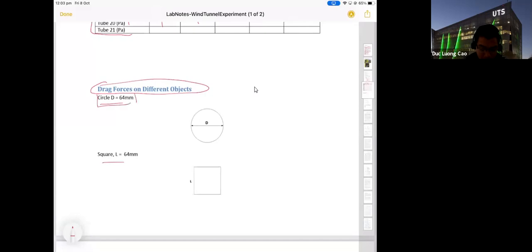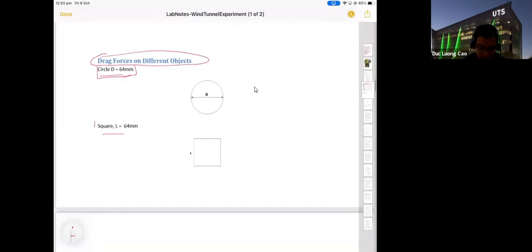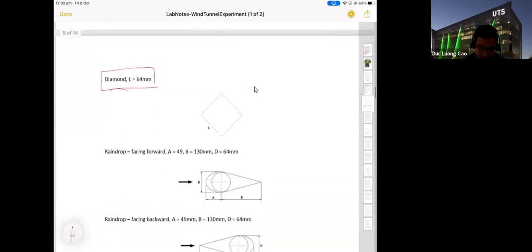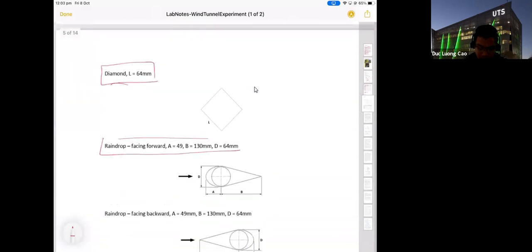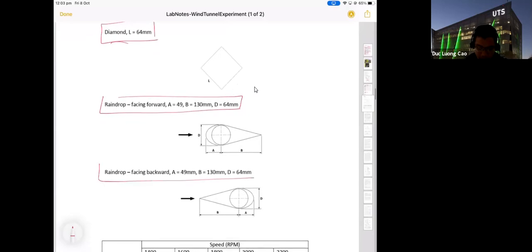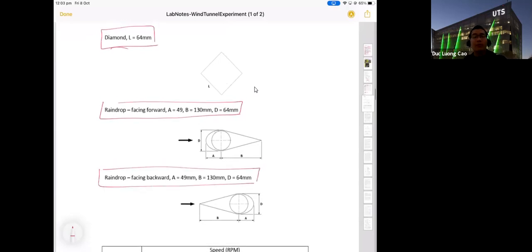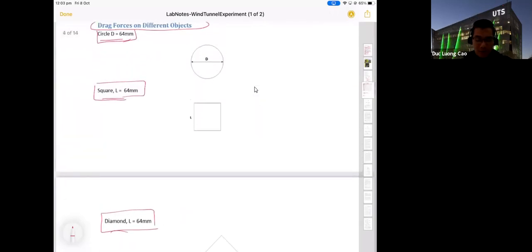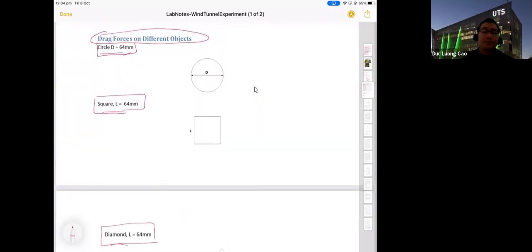We have circle, square, diamond, raindrop facing forward, and raindrop facing backward. We have 5 objects, and we have to find drag force and drag coefficient on these 5 objects.